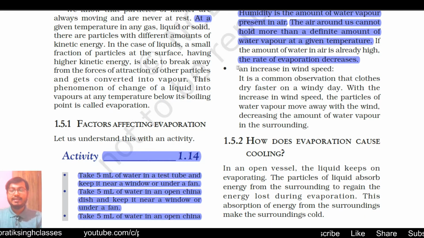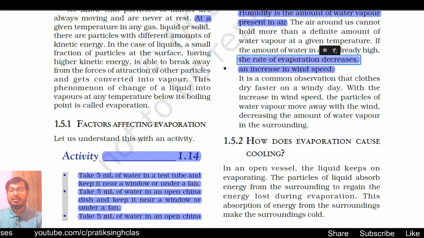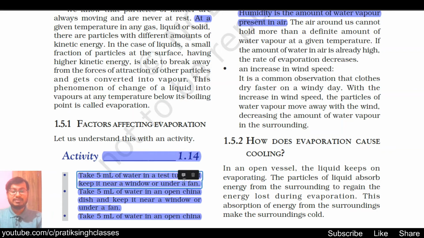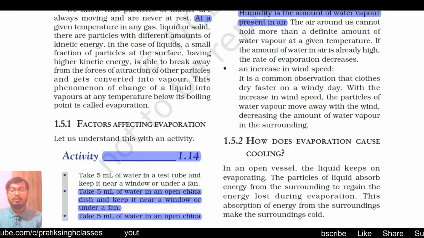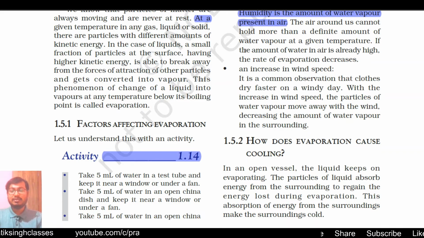An increase in wind speed. In our previous activity we saw that when we kept one china dish inside the cupboard and another outside in the open, the water in the dish in the open area evaporated faster than in the dish inside the cupboard. That means if the wind speed increases, the rate of evaporation increases.